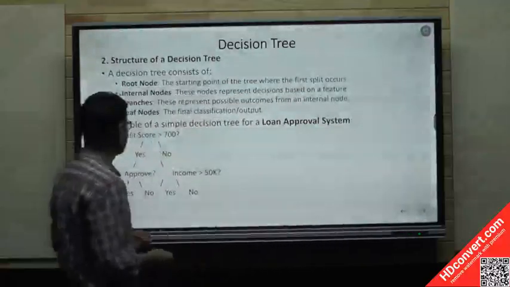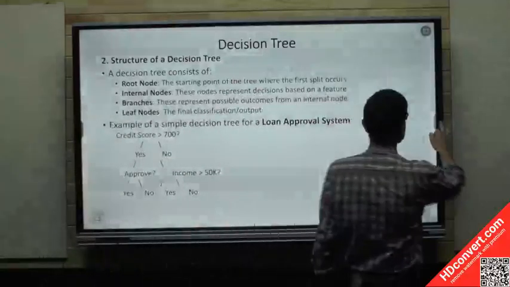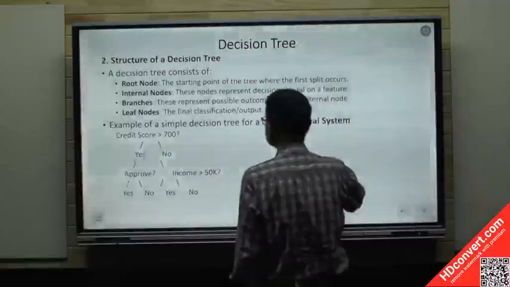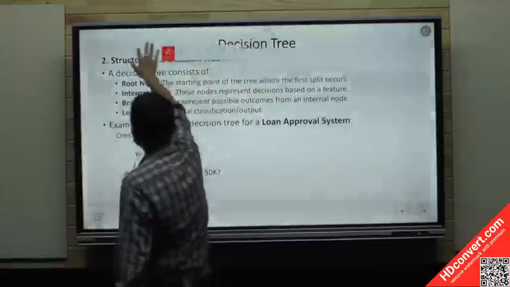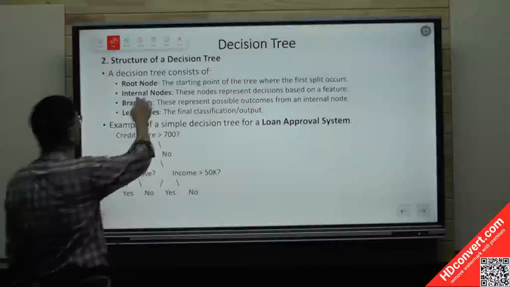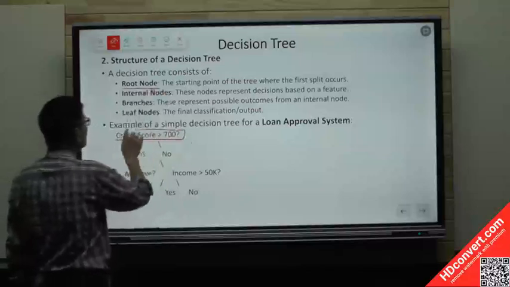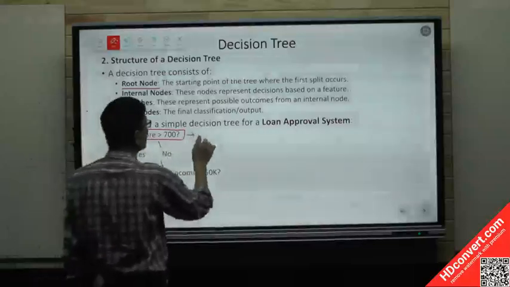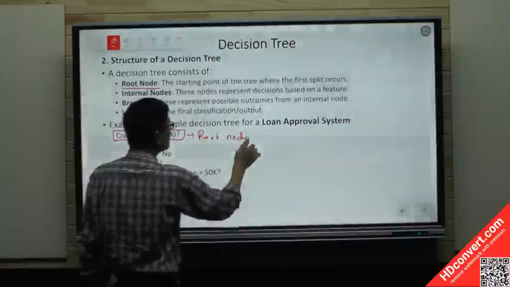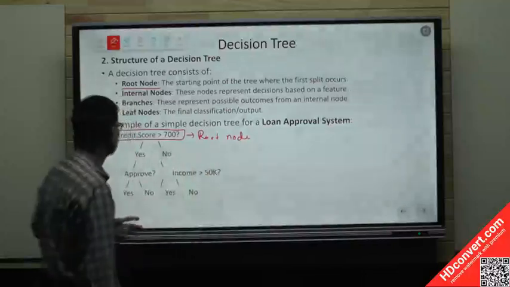So, structure of a decision tree. A decision tree has a root node. In this case the root node over here is the credit score. So this becomes the root node, that's the starting point of your decision tree.